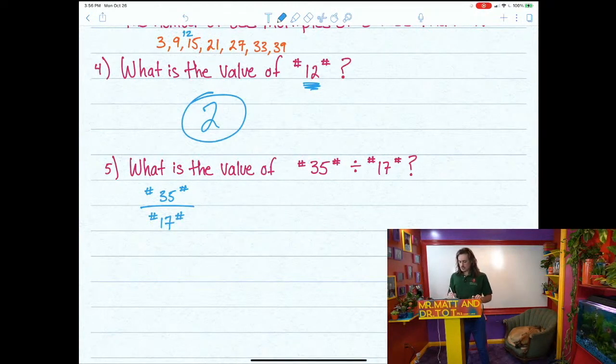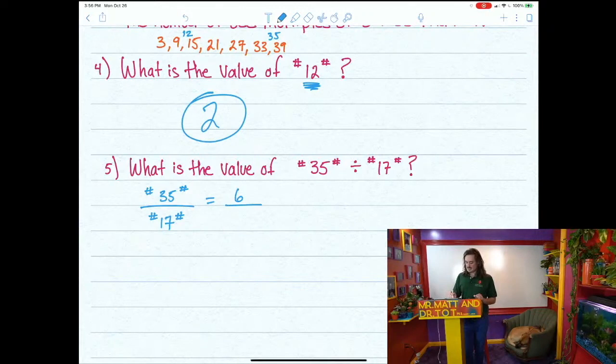So if we were evaluating 35, 35 would be right here. So we would have 33, 27, 21, 15, 9, and 3 are all odd multiples of 3 less than 35. So that would be 1, 2, 3, 4, 5, 6 values. So the numerator would be 6.